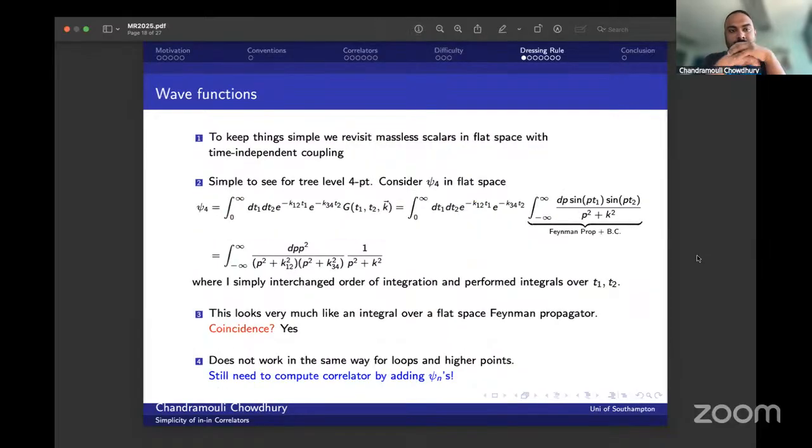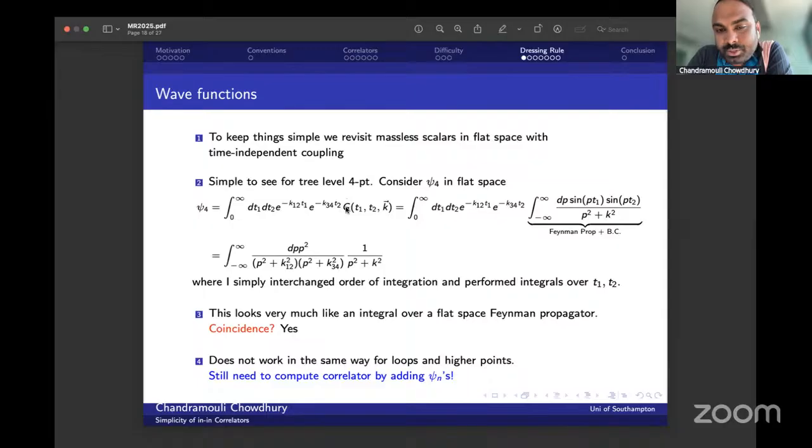Excellent. So again, to keep things simple, let me review how the scalars worked and how this computation worked for massless fields in flat space. If you evaluate this 4-point function that I wrote down a few slides ago, you have some expression of this kind. I might have used the analytically continued version previously.